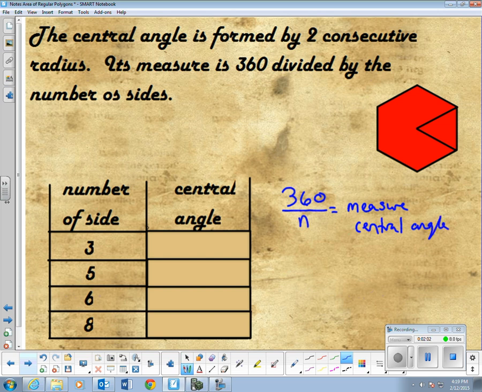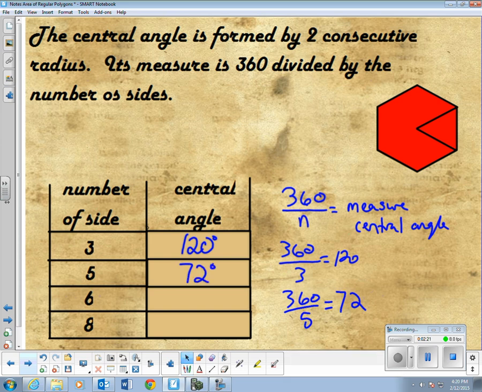For the first one, we take 360 divided by 3, which means the central angle is 120 degrees. Then we take 360 divided by 5, and we get 72 degrees for this one. You'll want to do the other two and have the central angles for those two in your notes. You can pause the video and start back up when you're ready to move on.